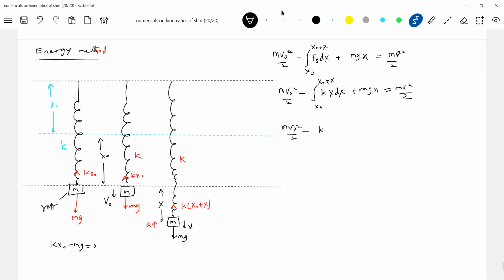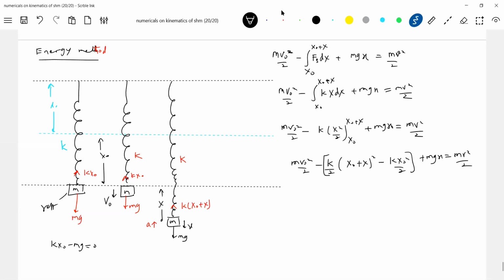This will be k x square by 2, from x naught to x naught plus x, so k into x naught plus x whole square by 2, minus k x naught square by 2, plus mgx, equal to mv square by 2.